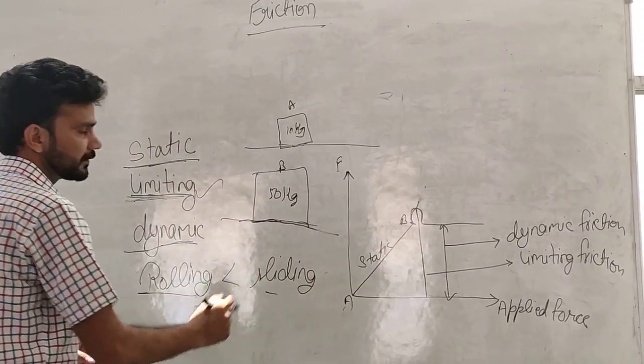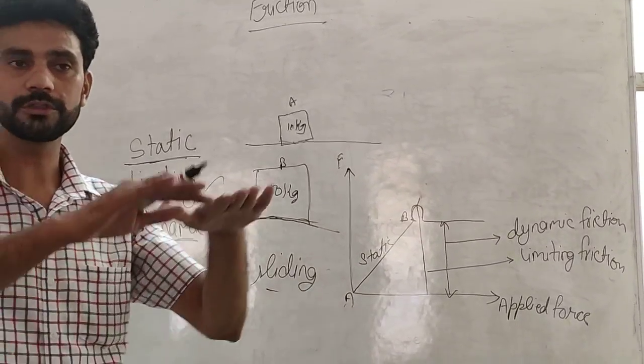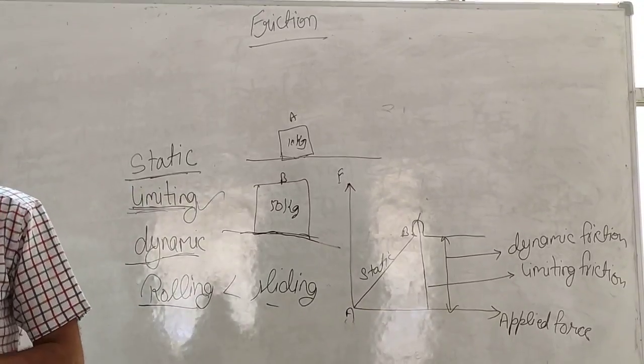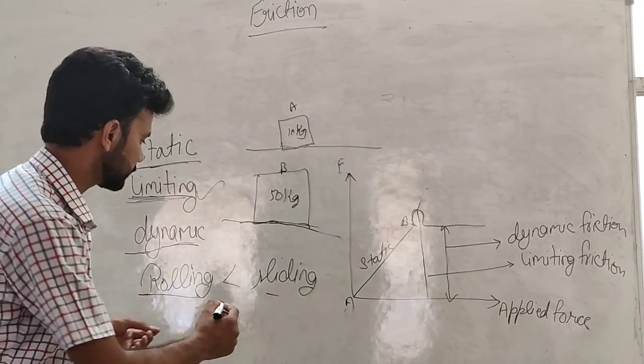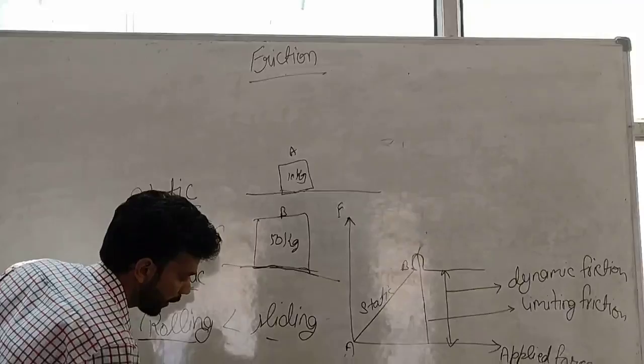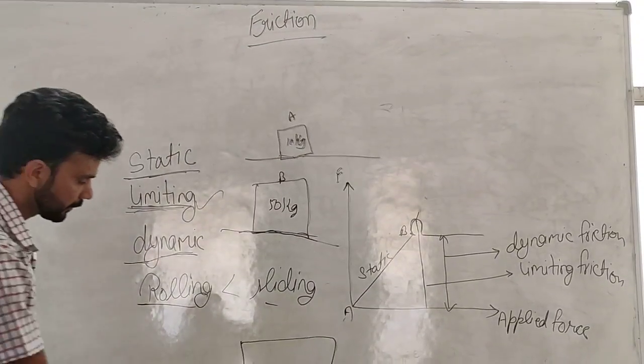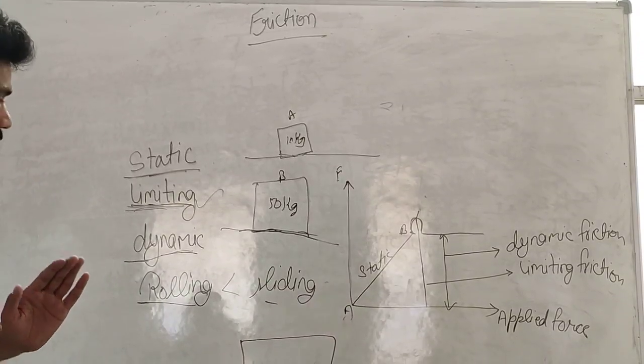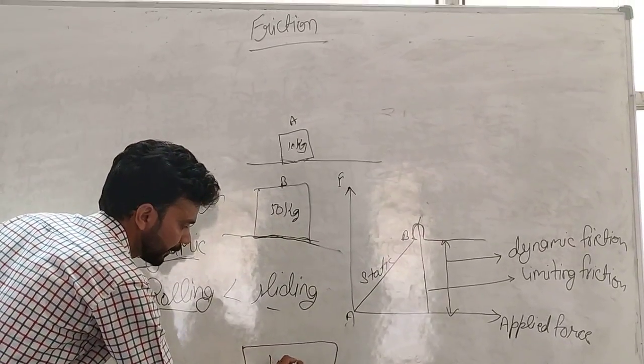I will tell an example related to this. Suppose we have a heavy rectangular box. If we push it, it will not move. Suppose this is a heavy box, this is the ground, and the object is of 100 kg.